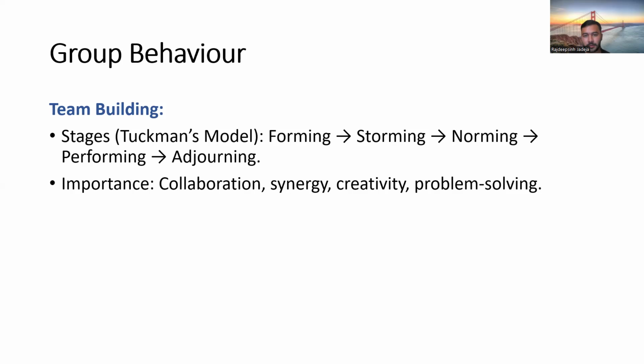Because group behavior gives an overall analysis of different kinds of personalities, perceptions, and motivation when they come together. That will help the organization make decisions fast, or help it know about the general behavior of the public.